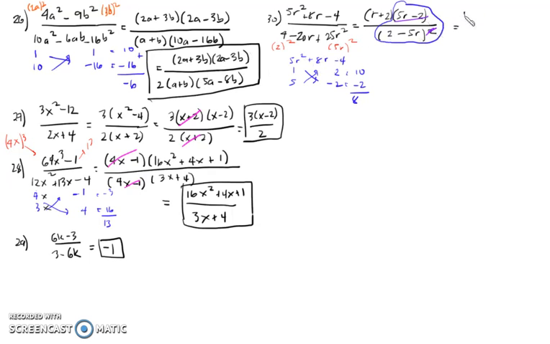So you have here r plus 2. You simply cancel this one, but you have here 2 minus 5r. You still have here 2 minus 5r since you only canceled the squared.